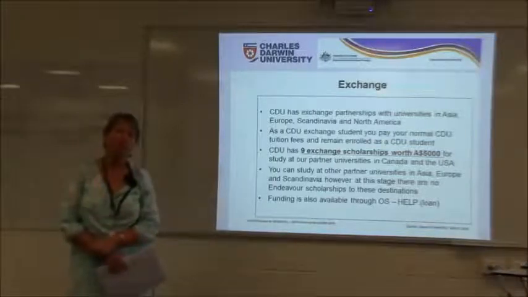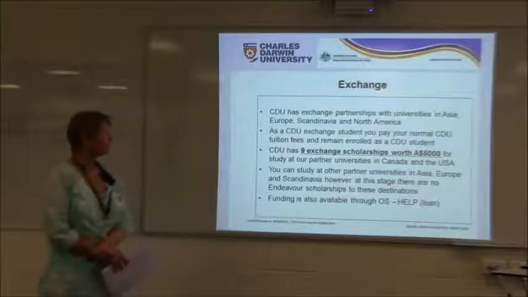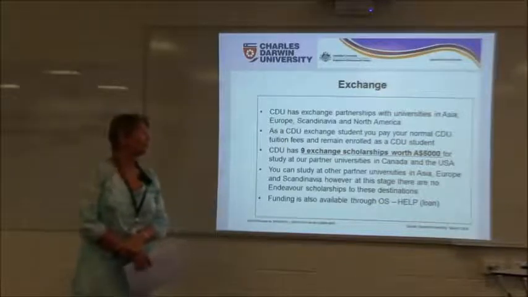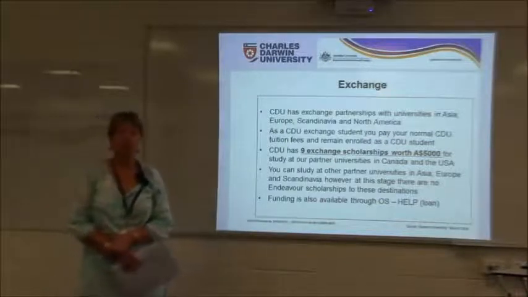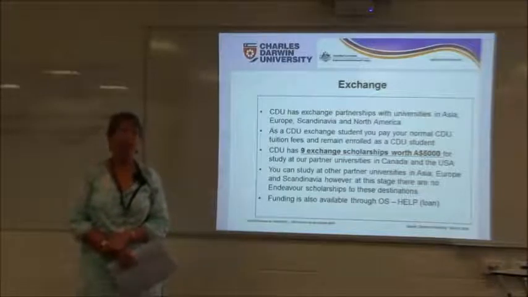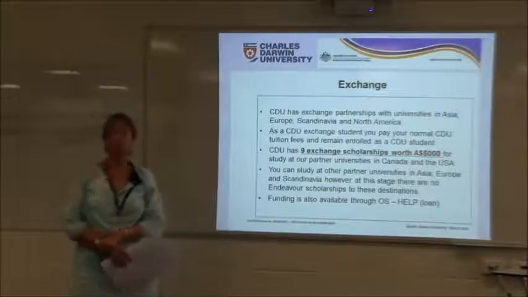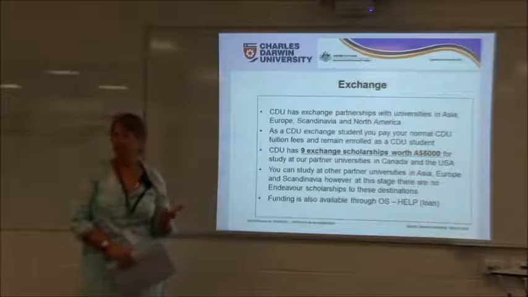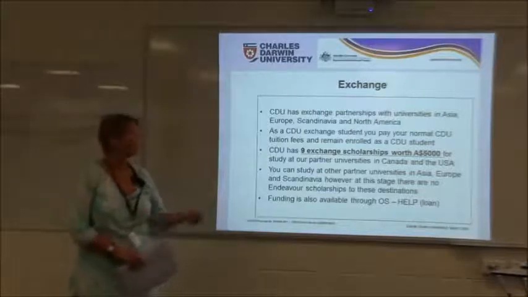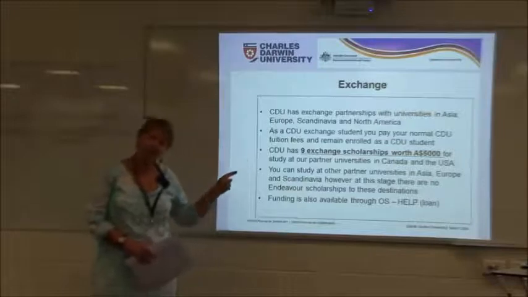So the $5,000 goes towards your living expenses? The $5,000 is a contribution to the overall costs. So it will be a contribution towards your airfare, your visa, your living costs and any other associated costs with travel. Your travel insurance is covered by the university.